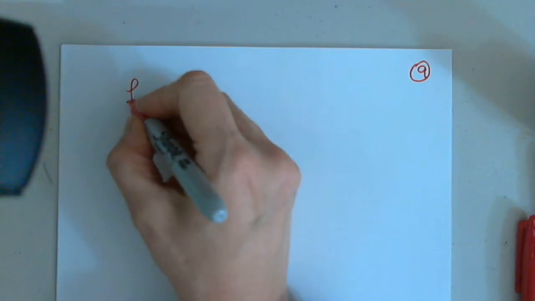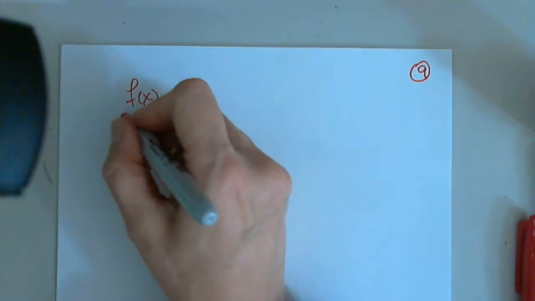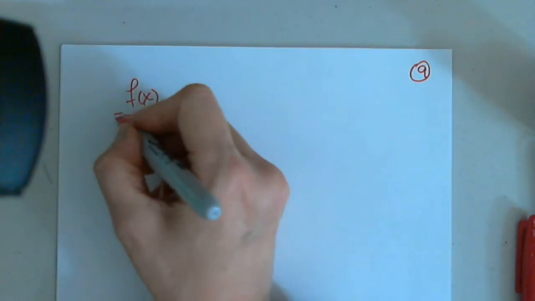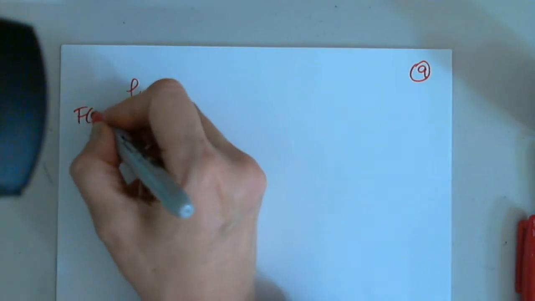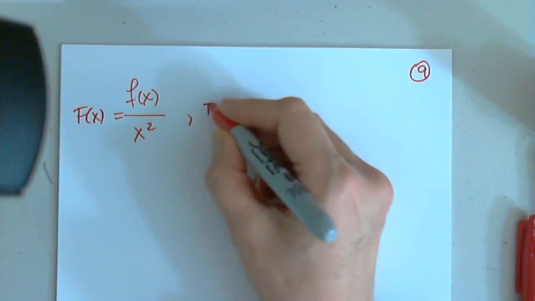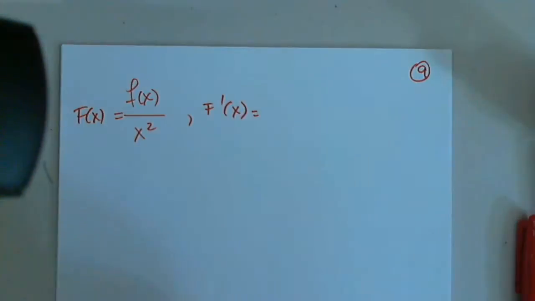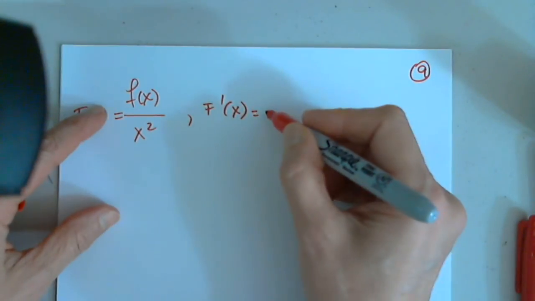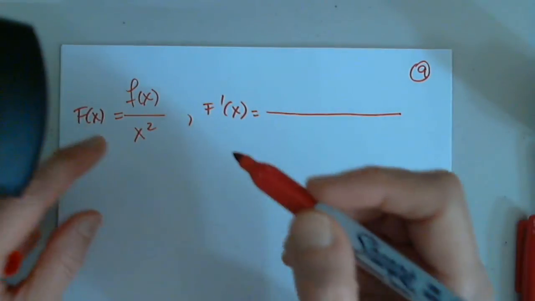So it was x squared over f of x, correct? So we have f of x over x squared. And this is a function that is, let's say, uppercase F of x. So we are asked to find F prime of x. Well, I see it's a quotient. So then I have to use the quotient rule.